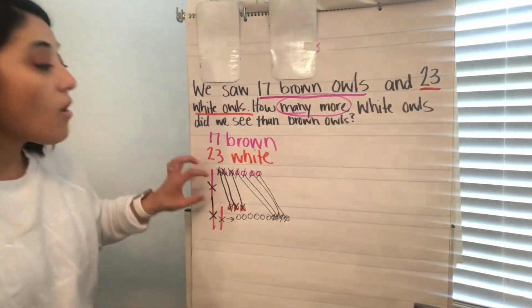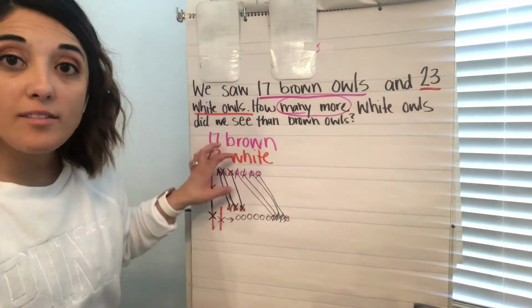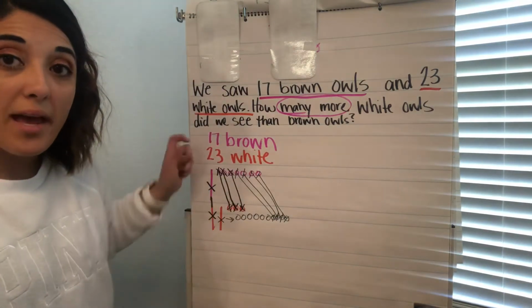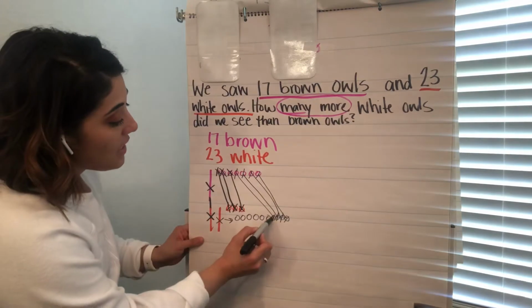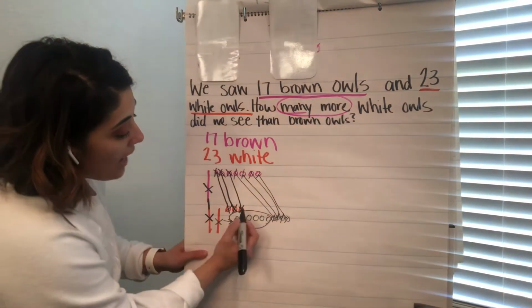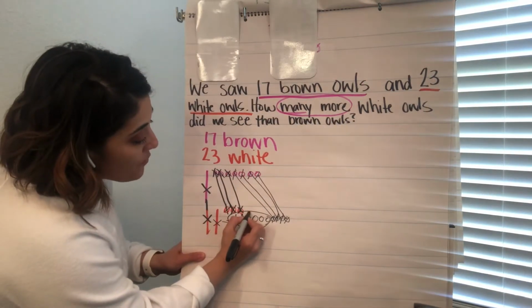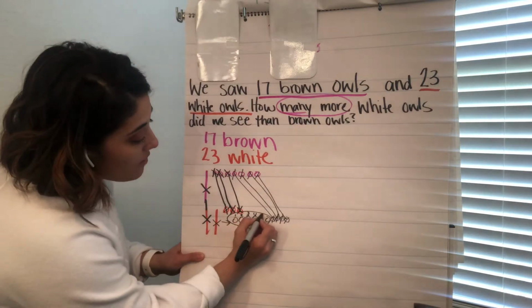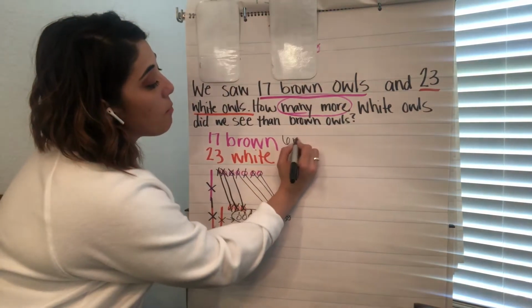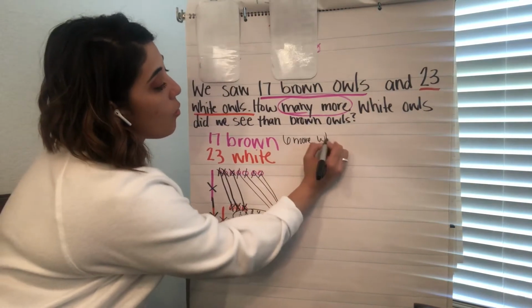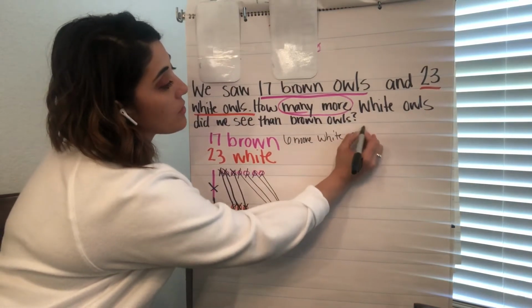Okay, so now all of my brown owls are taken away and matched up to the white owls. And now let's see how many we have left. If I circle these up and count, I have 1, 2, 3, 4, 5, and 6. So I have 6 more white owls.